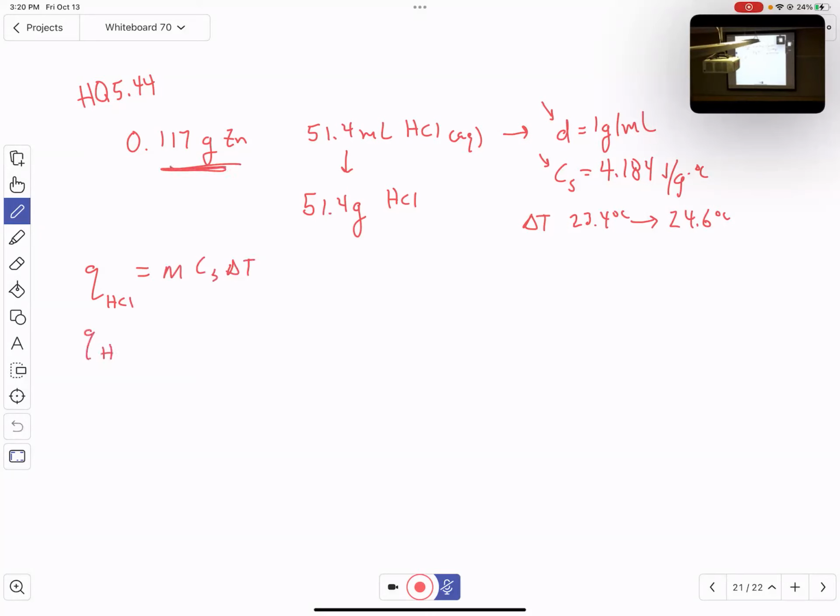So Q for the HCl, right? This aqueous HCl, I got 51.4 grams. The specific heat of water is 4.184 joules per gram degrees Celsius. My delta T is 1.2 degrees Celsius. I went from 23.4 to 24.6. Multiply those all together.